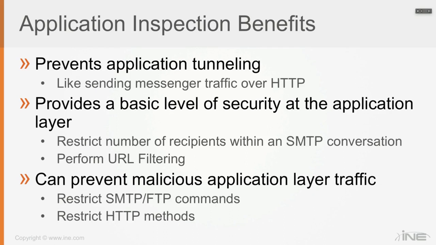You may be aware that a specific SMTP or FTP command has a vulnerability which allows an attacker to send some kind of malicious traffic, or an HTTP method has a vulnerability as well. Because you can restrict those HTTP methods or those SMTP, FTP commands, those options cannot be used by those protocols, which means the attackers cannot make use of those vulnerabilities to inject malicious traffic over those protocols.